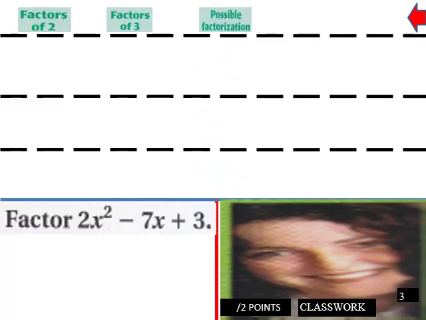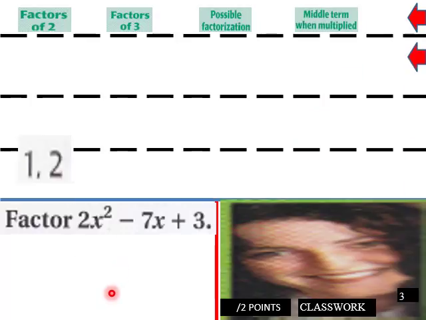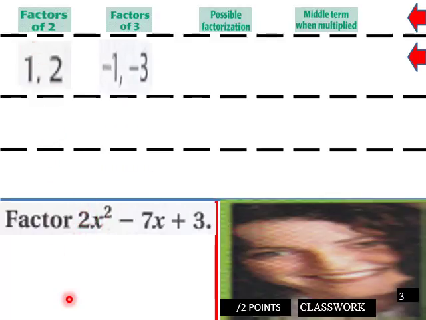So in this situation, we have to factor 2x squared minus 7x plus 3. First, we have to come up with our a factors here. Factors of 2 are 1 and 2. Factors of 3 are negative 1 and negative 3 for our c. Then possible factorization.